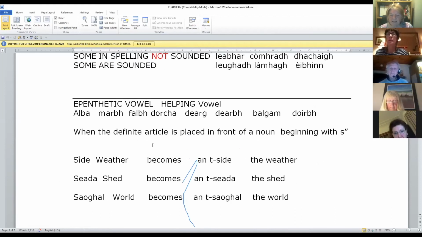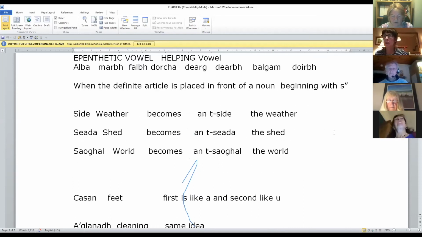With the definite article, it's placed in front of a noun beginning with S. So if you have shige is weather, becomes inchige, the A-N-T hyphen makes the S disappear in the sound. Inchige is the weather. Chede is a shed.